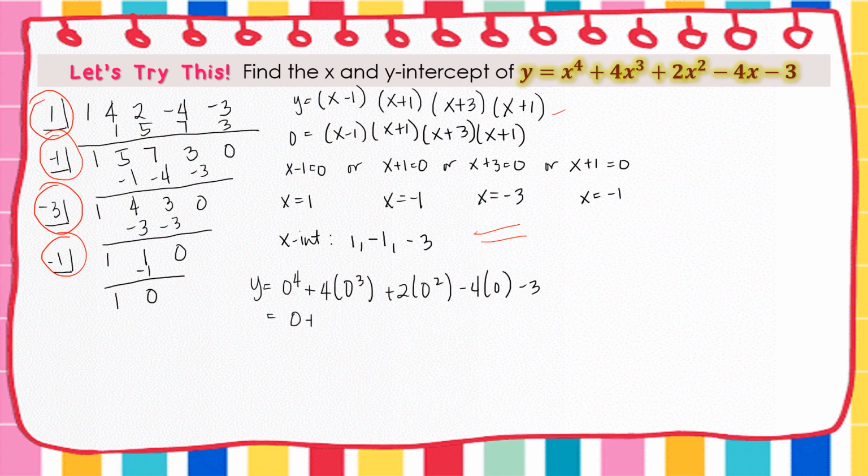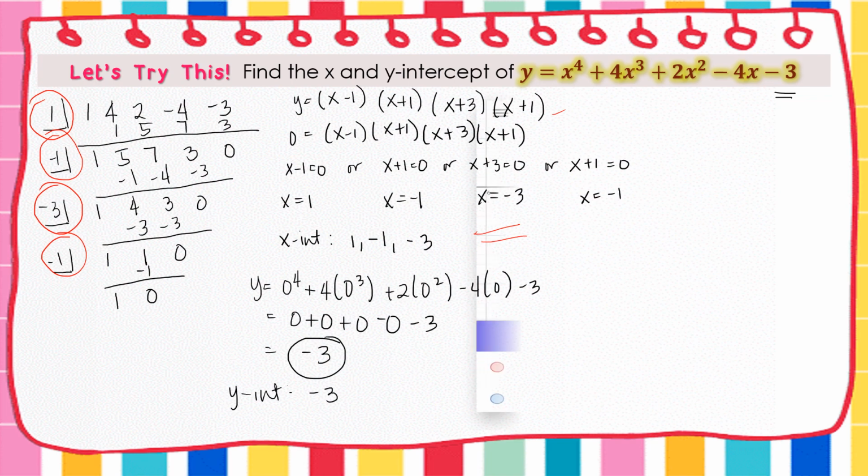Again, this is 0, 0, 0, 0, negative 3. So, our y-intercept is negative 3. Okay? Ayan, yung dulo, actually. Pag may constant term, yan. Siya si y-intercept. Malinaw?